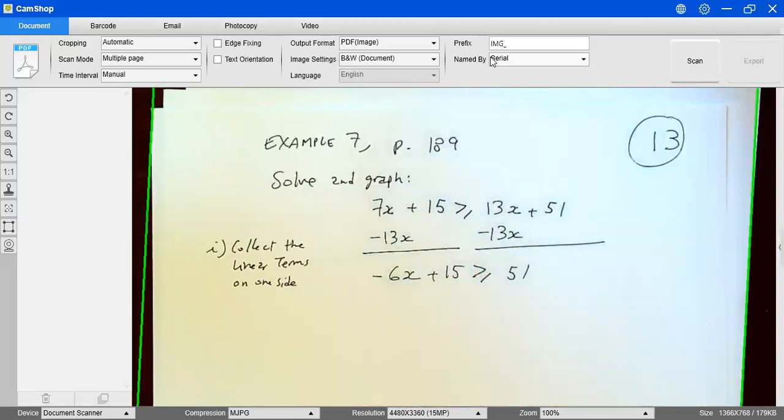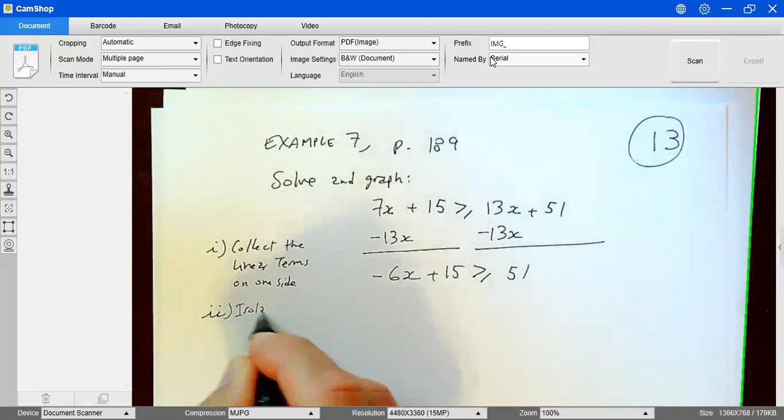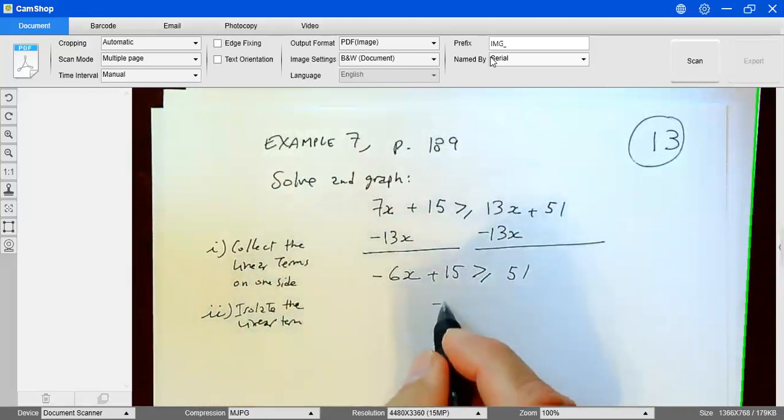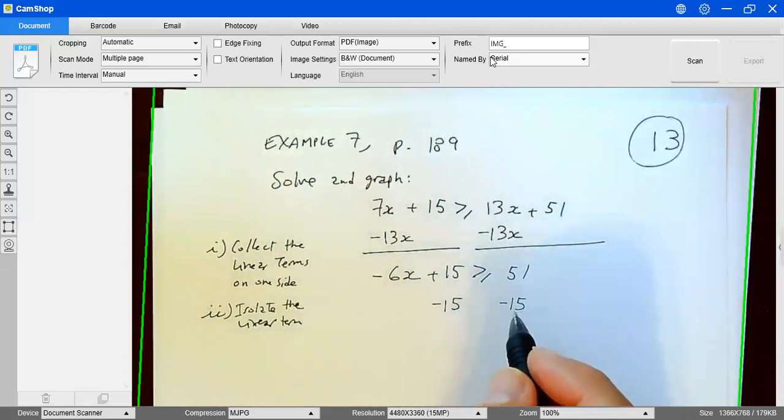So now we're going to isolate the linear term by subtracting 15. Let's do that.